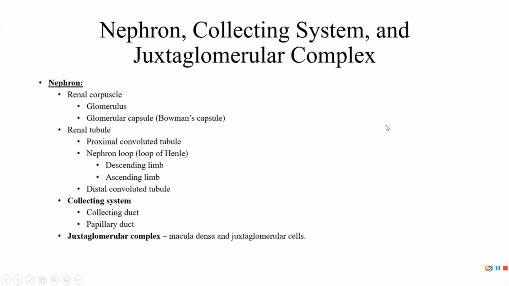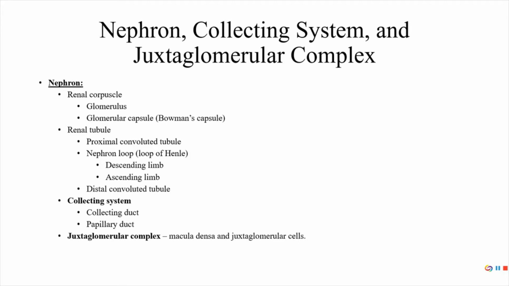Now, we are going to discuss the nephron. One of the big things I'm going to do before we look at the models, as we discuss it in person, is draw it out first. But let's talk about its parts, and then we're going to draw it, and then we will discuss some other things.